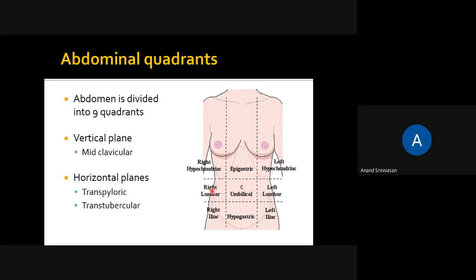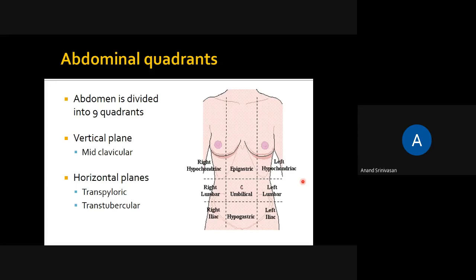This is on either side of the lumbar vertebra, so it is called the right lumbar region and left lumbar region. Then this is the right iliac and this one is the left iliac region. So there are 9 regions in the abdomen: epigastric, hypogastric, and umbilical, right and left hypochondriac, right and left lumbar, and the right and left iliac.